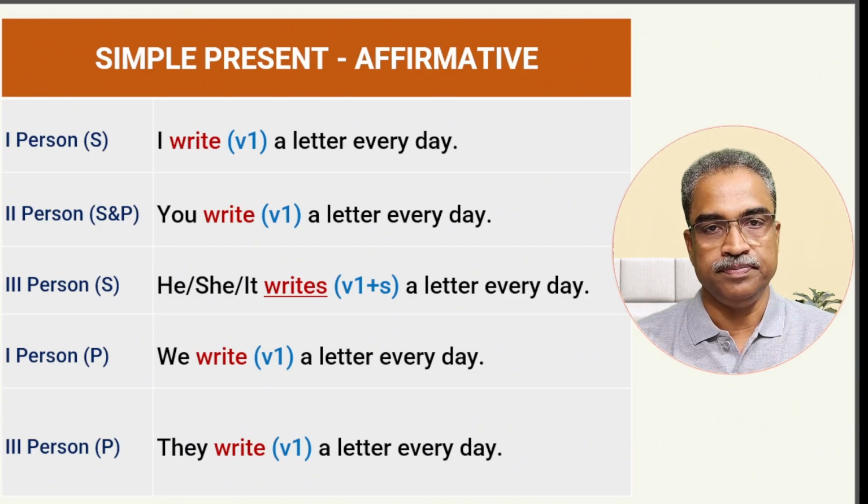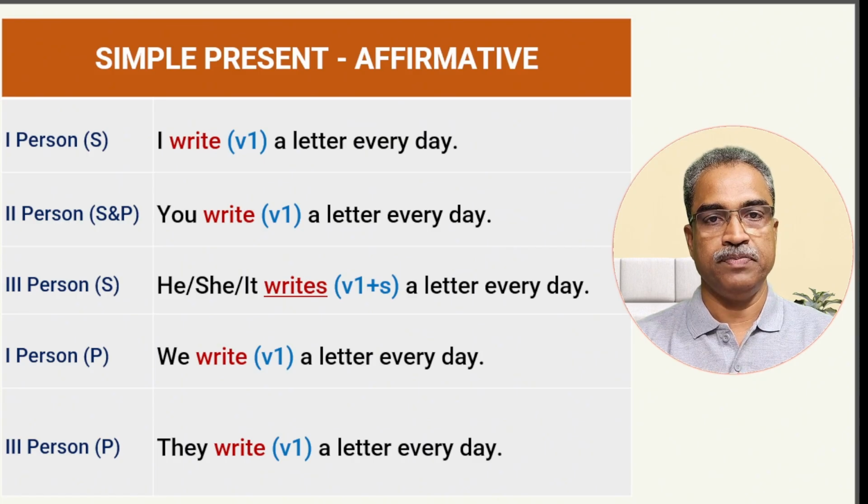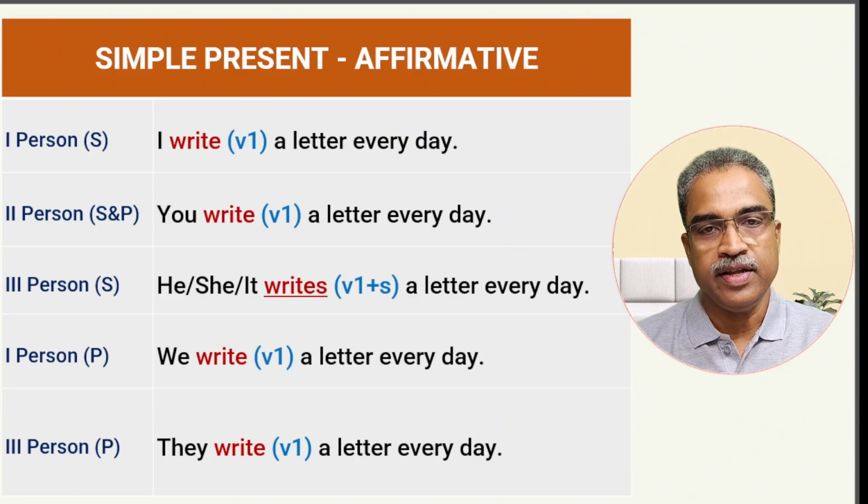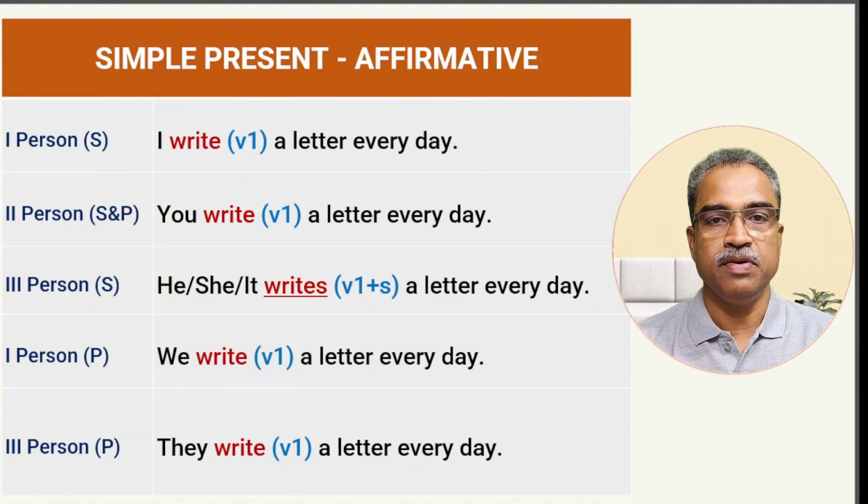So the first one is present tense, and in the present tense, the first one is simple present tense. We are going to learn about simple present tense today. Not the full simple present tense, just half of it. Particularly, we will be learning simple present tense affirmative sentences and simple present tense negative sentences.